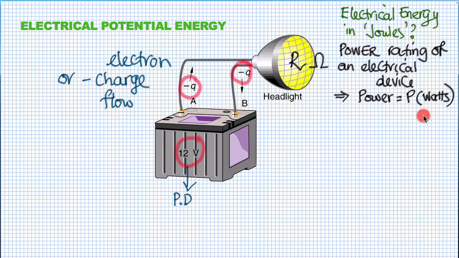So we can say that the power has a standard international unit we call the watt, and in order to think about watts, in other words the power rating of an electrical device and the energy, well, we say that 1 watt is equivalent to 1 joule per second. So what that means is the rate at which energy is used by the particular device. The resistance supplies enough resistance to produce a power rating of whatever watts, whether it's 40, 60, 100, and that would represent the joules per second.